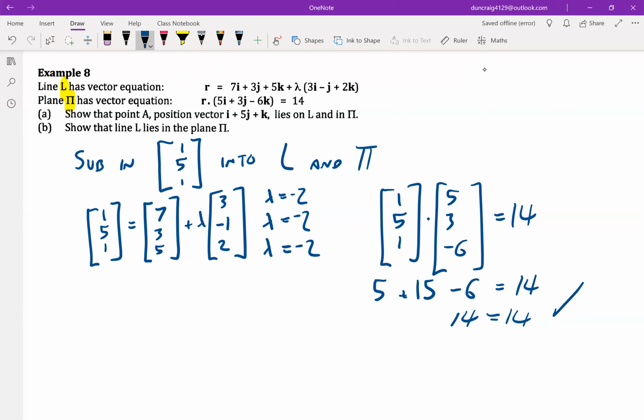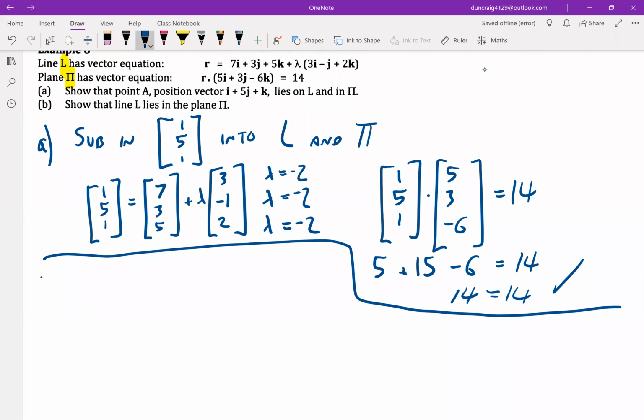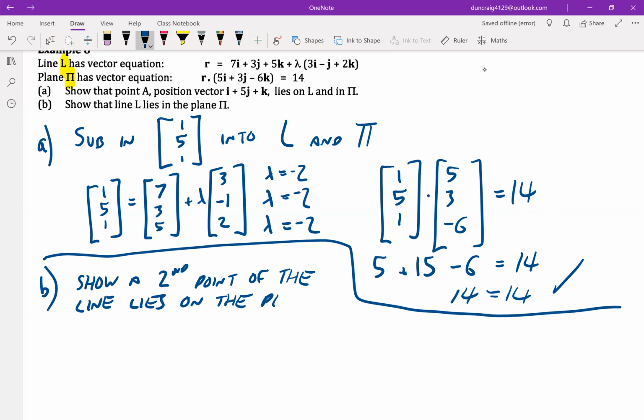So we just did part A, and now we'll do part B. Basically we want to show a second point of the line lies on the plane.